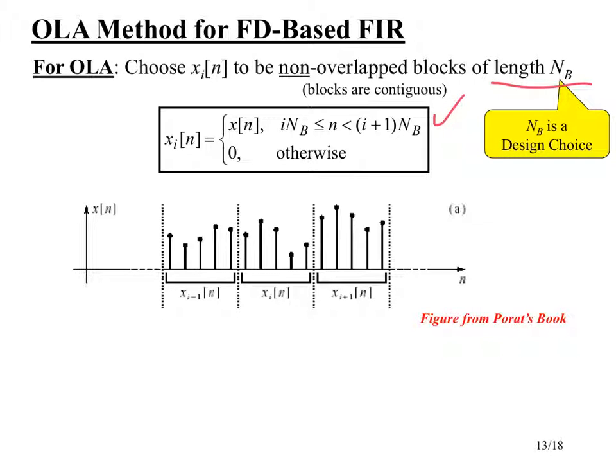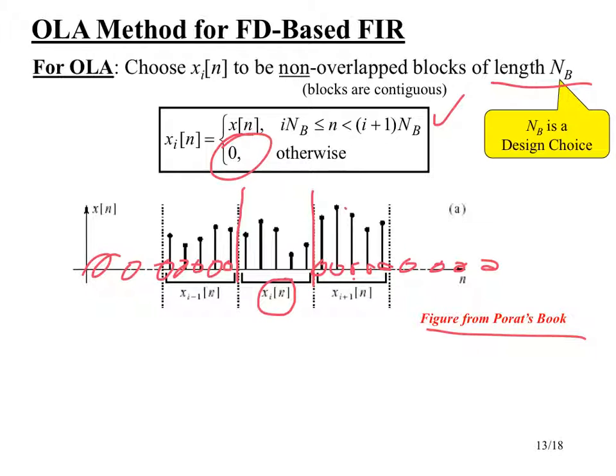And basically, all we're doing is we're saying x_i of n. So here's x_i of n, illustrated here with a figure from Oppenheim's book. So it's just the stuff within these boundaries, but then zero otherwise. So we assume that for each block, there are zeros everywhere else. And that's the part that allows us to just simply add them together.